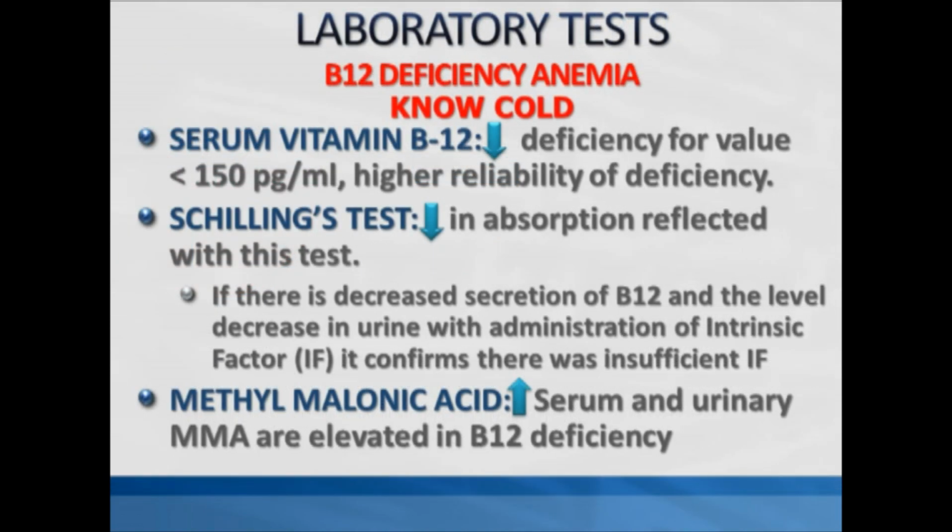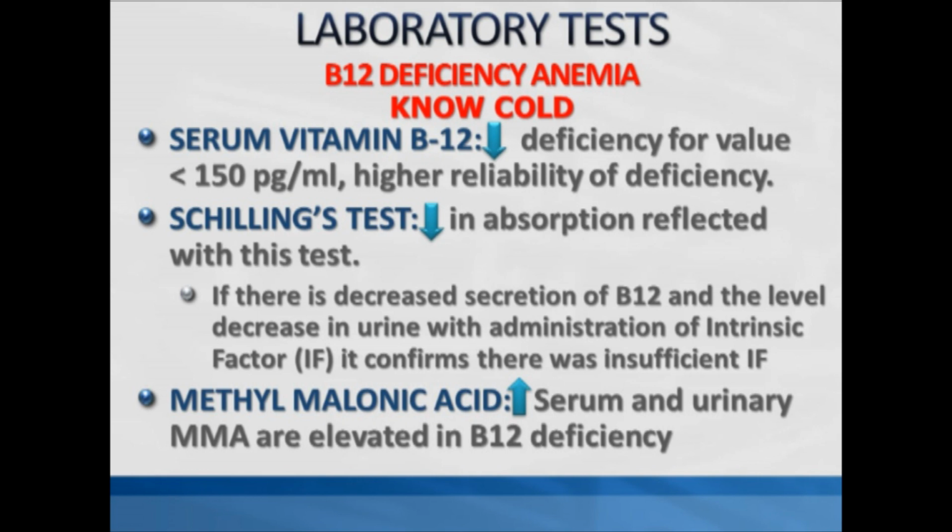So now let's move on and look at B12 deficiency specifically. Serum vitamin B12 is of particular interest because a deficiency can be concluded when the serum values drop beneath 150 picograms per milliliter. So in this case, there's a higher reliability that a deficiency is actually taking place.